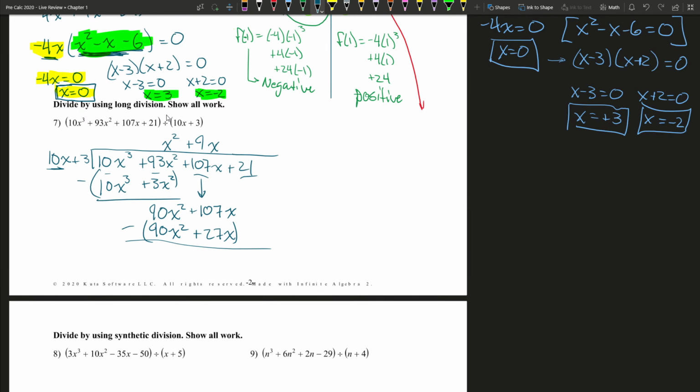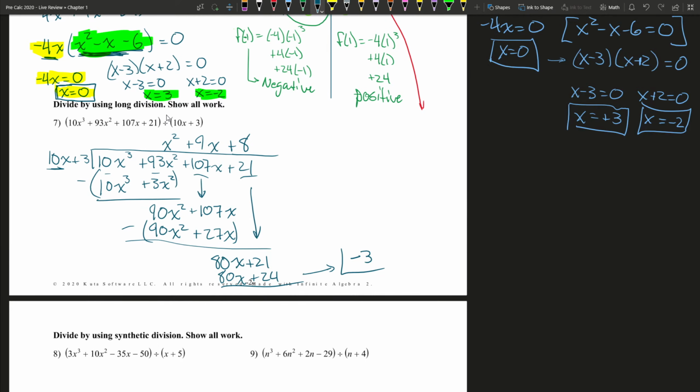Subtract. And repeat. All right, so 10x into 80x, that's plus 8. So we get 80x plus 24. We subtract those two things, and we get just negative 3 left. And this negative 3 is our remainder.